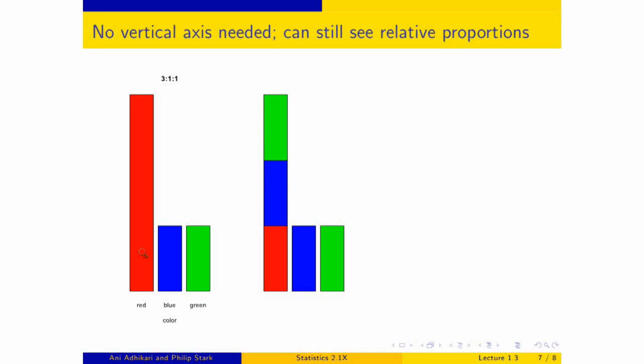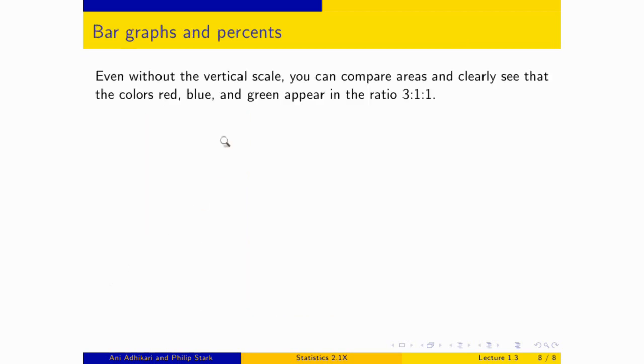And so you already know the proportions, and you didn't need a vertical axis. You can see by comparing the sizes, the areas of the bars. And so let's write that down. Even without the vertical scale, you can compare areas, and you can clearly see that the colors red, blue, and green appear in the ratio 3:1:1.